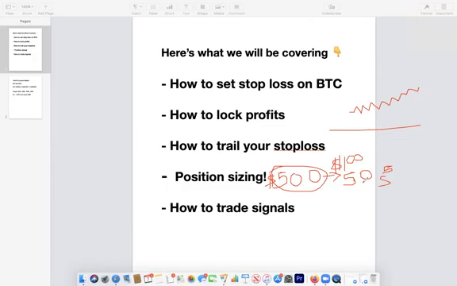Yes, I am. So now you made $10 on coin B, you made $20 on coin C. That means you made $30 profit. But then you are losing $25 on coin A and you are losing $20 on coin D. If you add both of them together, you're going to have $45. 45 minus 30 is going to give you $15 loss. You still be in loss because your position sizing was wrong.